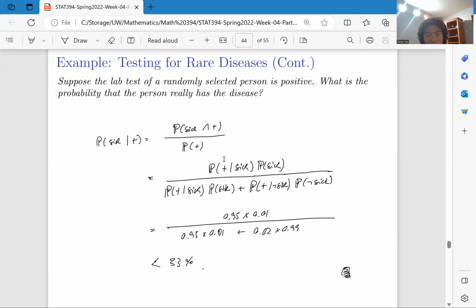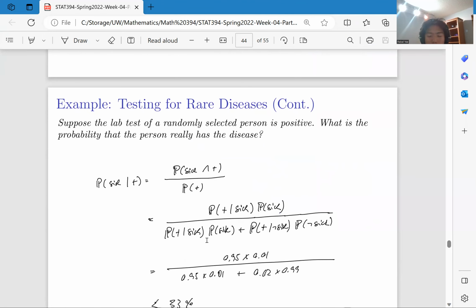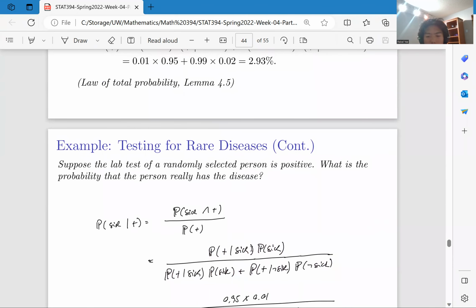Bayes' law says the probability of positive is what we discussed here. We use the law of total probability, the expansion of the formula, as its denominator, and we use the probability of sick times positive given sick as our numerator.